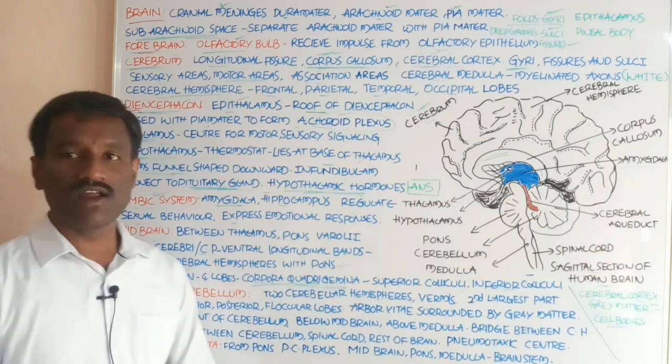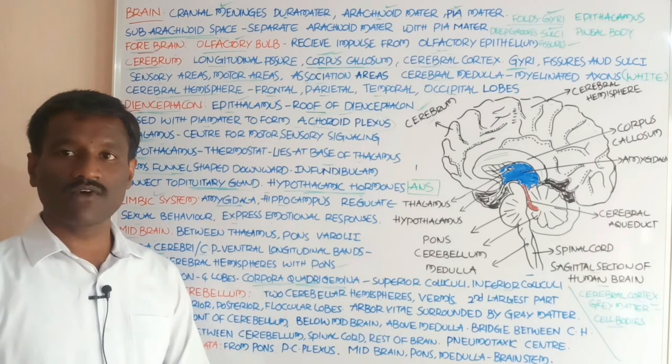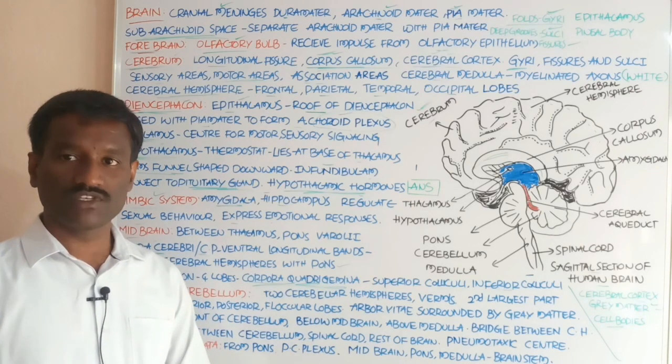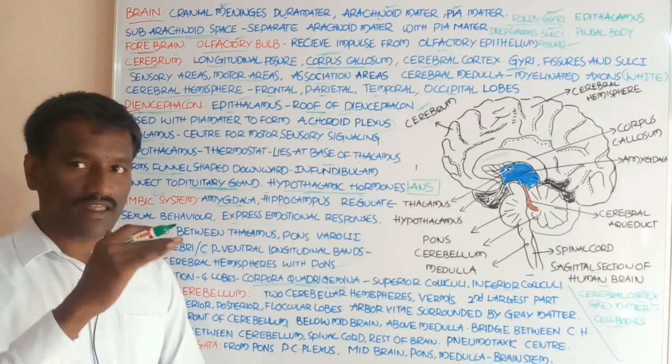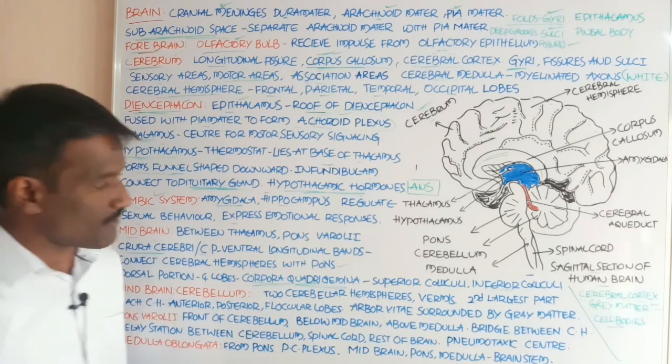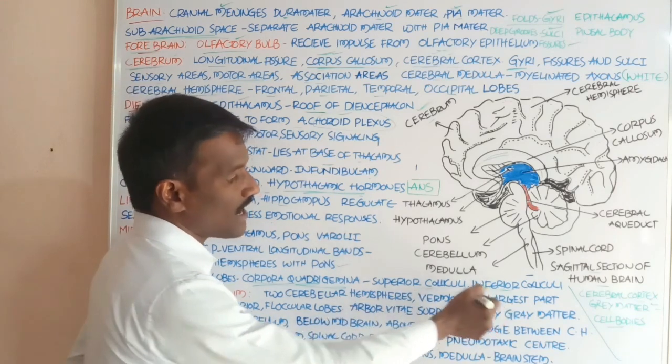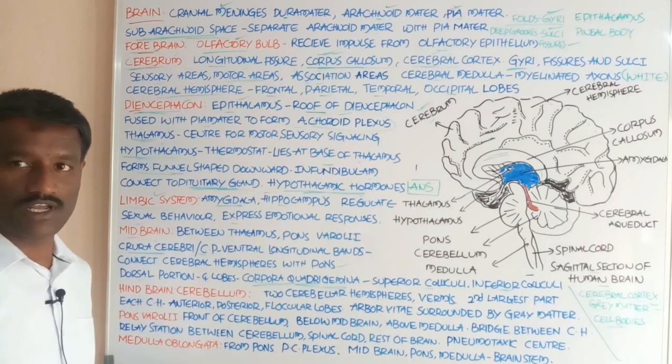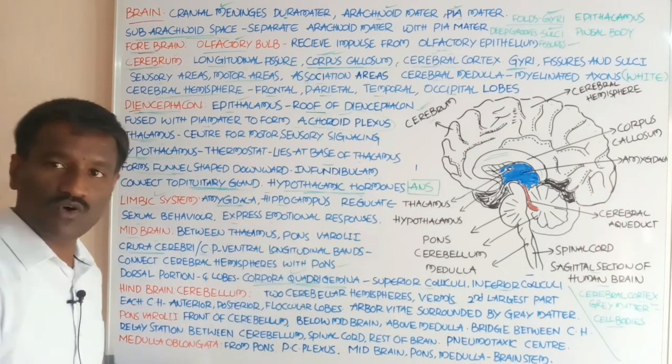The visual and auditory functions are both regulated by the superior and inferior colliculi, which constitute the corpora quadrigemina.